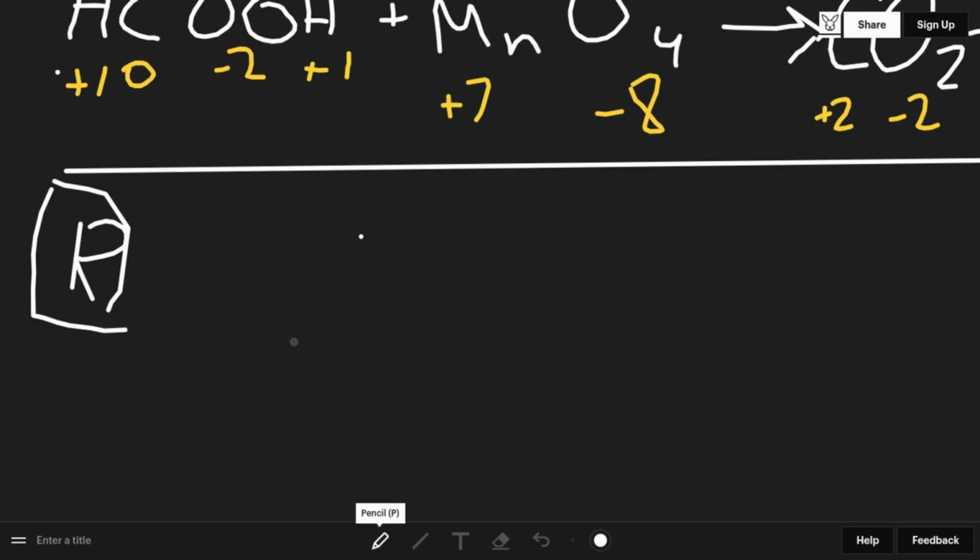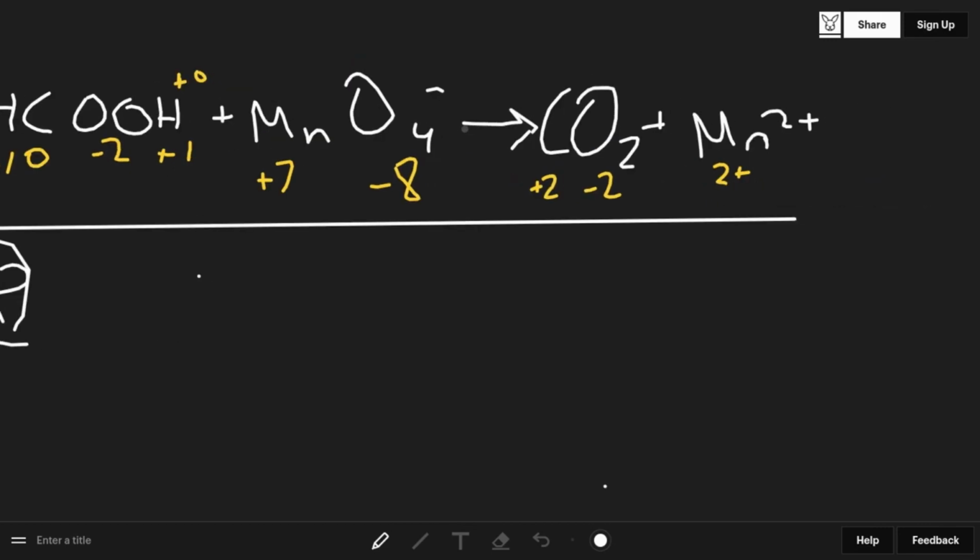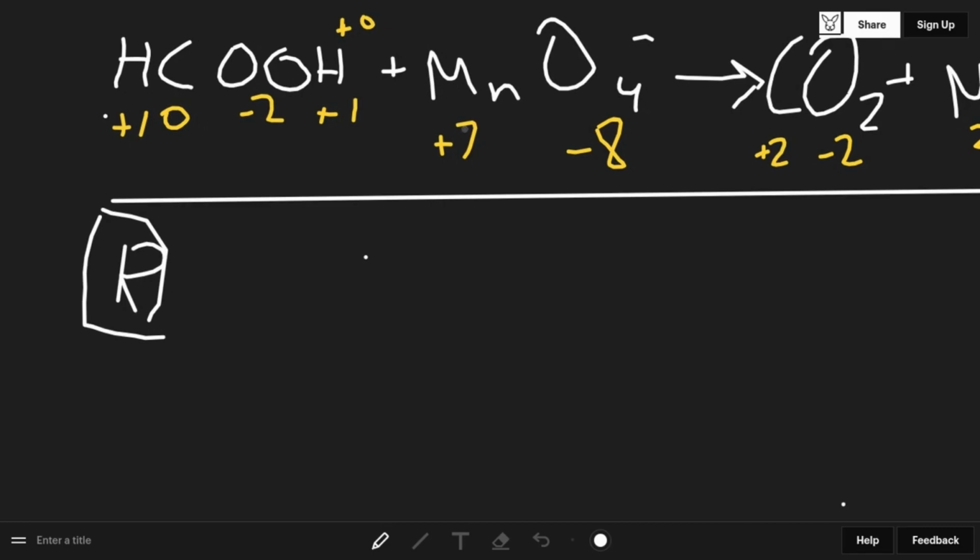So for our reduction one, it's going to be related to manganese, as manganese has an oxidation number of 7 and then has an oxidation number of 2, so it gains. So that means our reduction is revolving around the manganese. Actually, I want a little bit more space, and you'll see why in a sec.